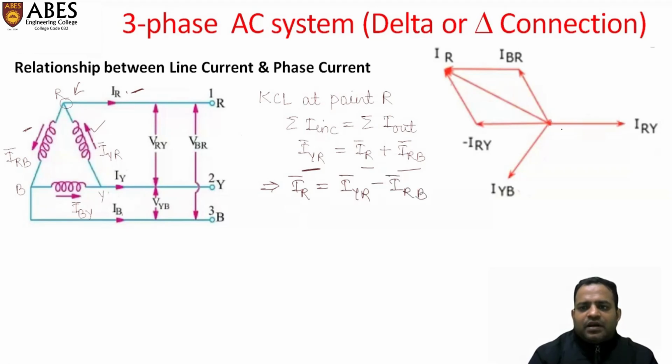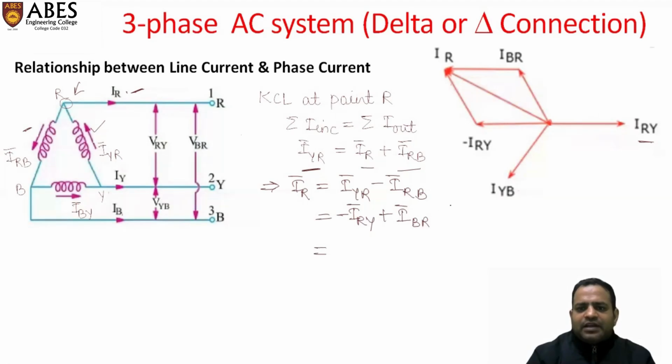But we know that this is our IRY, so we can change our vector. This is minus IRY, and this is minus of minus plus IBR. Write the value of IBR.